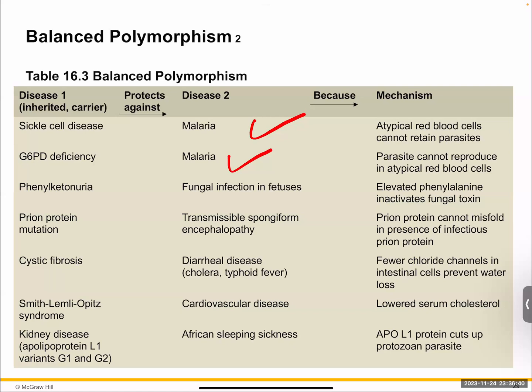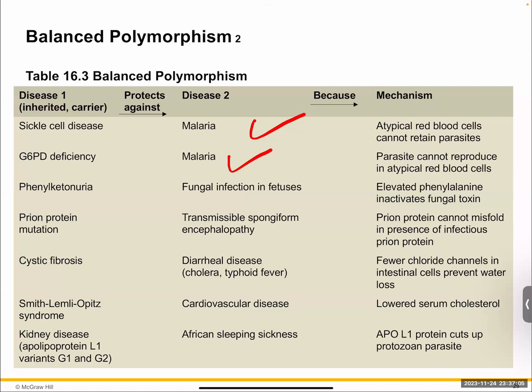Phenylketonuria is another one we talked about, which is basically the inability to break down a specific amino acid. However, if you are heterozygous, or a carrier, for this medical condition, the fetus is protected against many fungal infections.